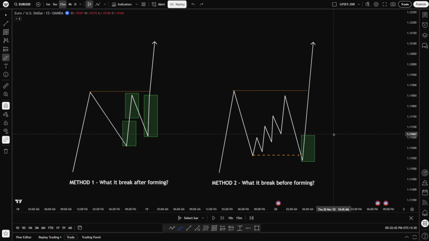Like I said, there is nothing really to complicate in these two methods. But once you start applying them in live markets, you will get multiple doubts and confusions. But you don't have to worry, just keep on doing this. You will clearly be able to find the best order blocks in every single structure.